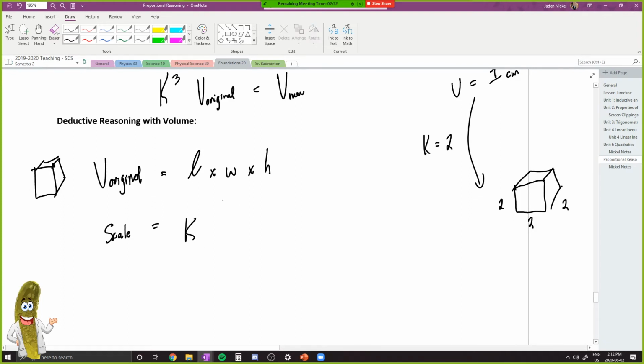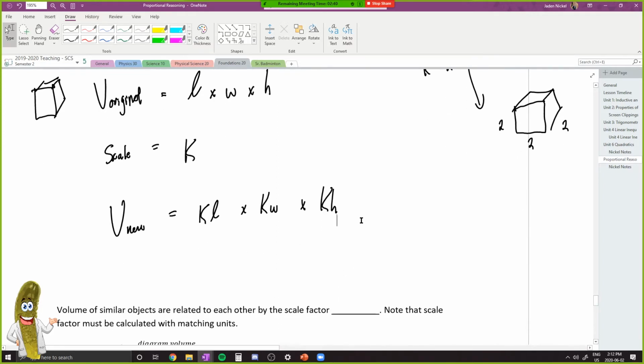Well, we would need to apply that k to each and every one of the dimensions. So the volume of the new object would be k times length times k times width times k times height. And we have a common term of k there, so we can go volume of new is equal to k cubed times length times width times height.